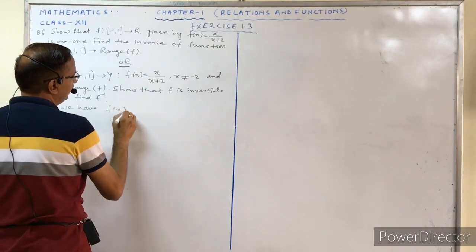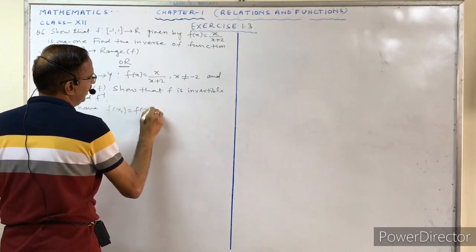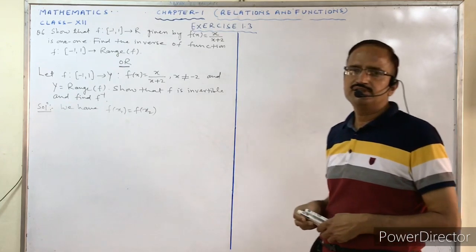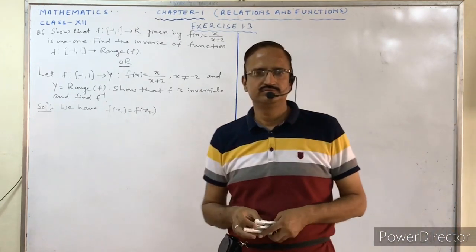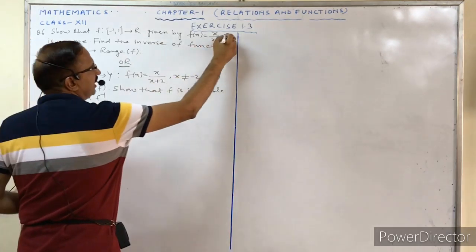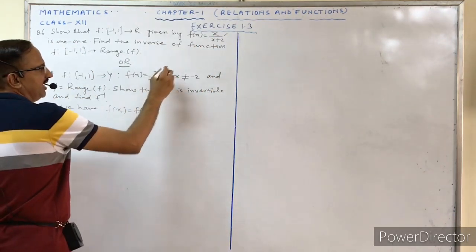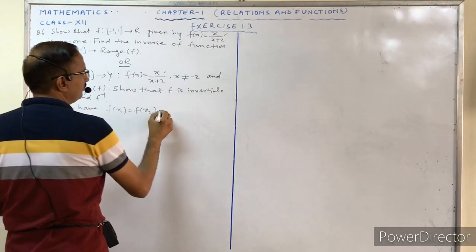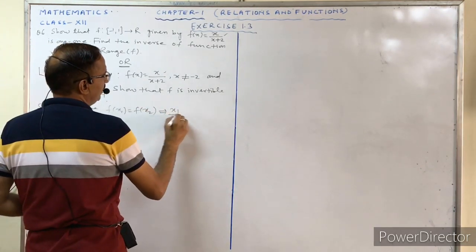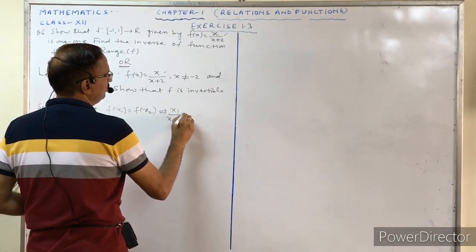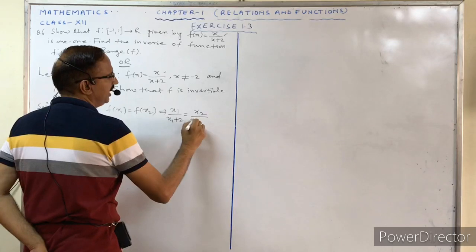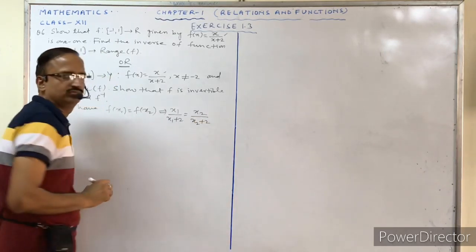We have f(x1) equal to f(x2). This is the procedure to prove a function to be one-one. The function is x upon x plus 2, so in place of f(x1) we write x1 upon x1 plus 2, and in place of f(x2), x2 upon x2 plus 2.